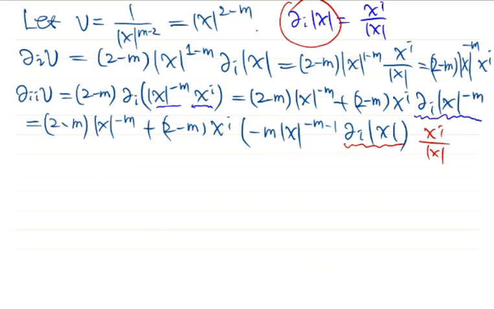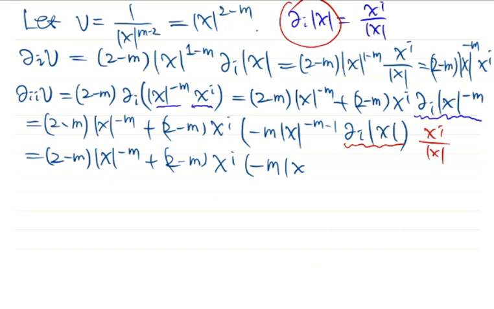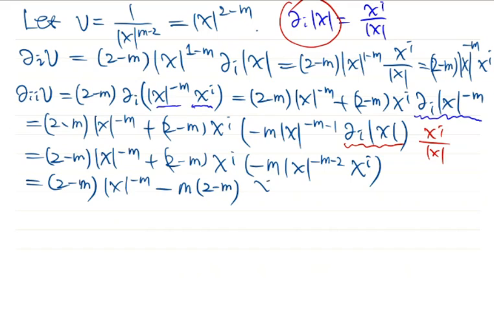So we obtain 2 minus m norm of x to the minus m plus 2 minus m xi times minus m norm of x to the minus m minus 2, times xi. Finally, this is 2 minus m norm of x to the minus m minus m times 2 minus m times xi squared over norm of x to the m plus 2. This is the result.